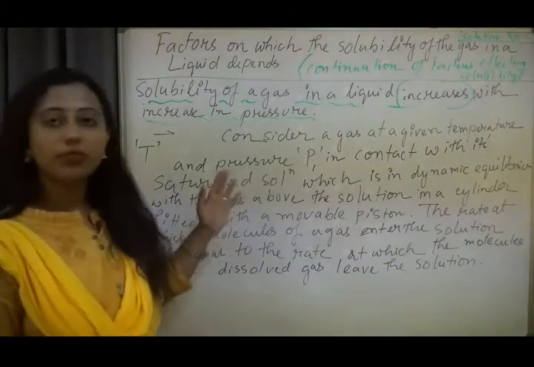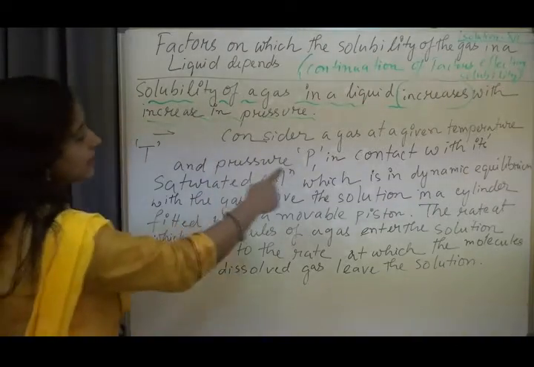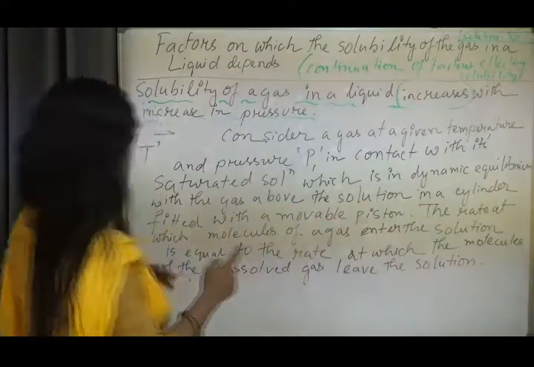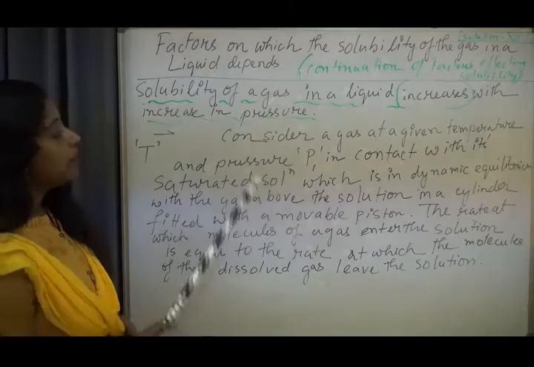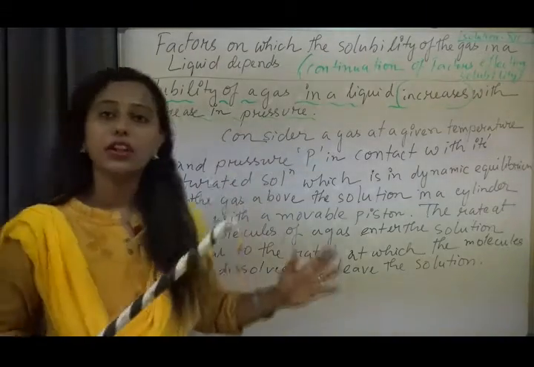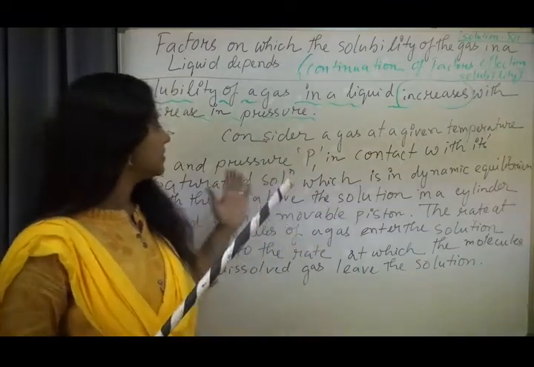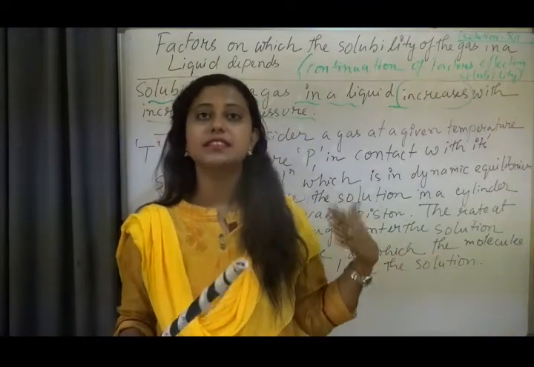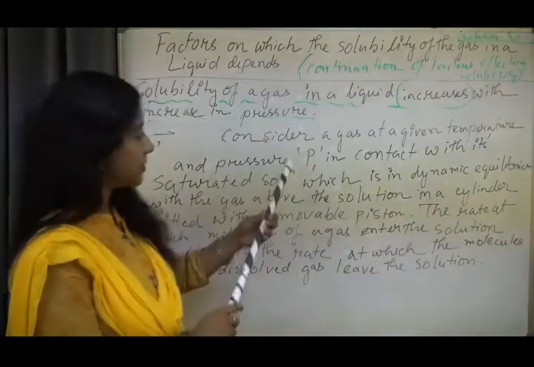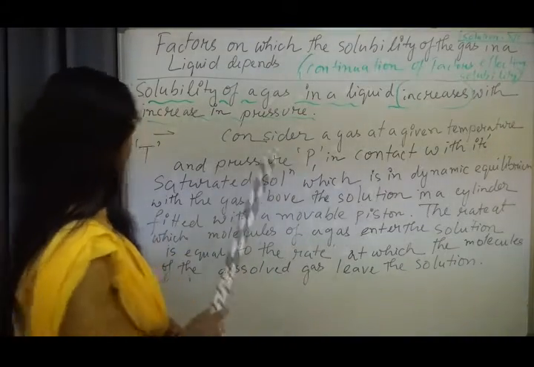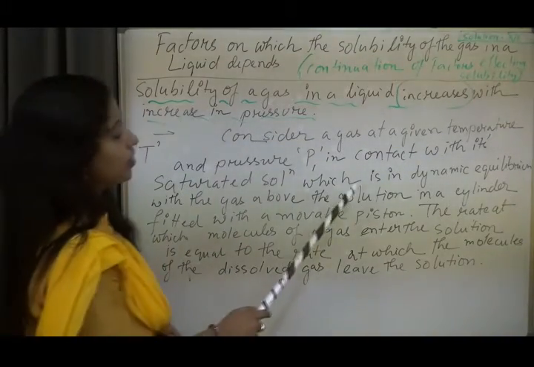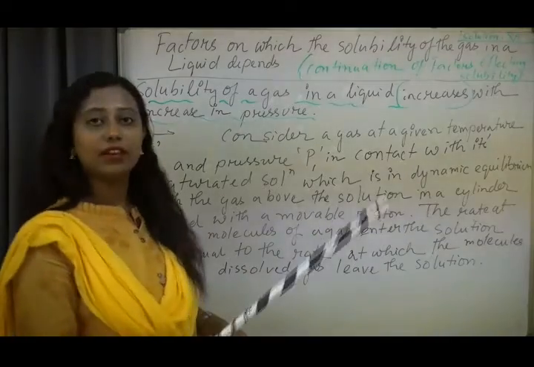Consider a gas at a given temperature and pressure P. At the very beginning, the gas is subjected to a pressure P1 in contact with the saturated solution, which is in dynamic equilibrium.